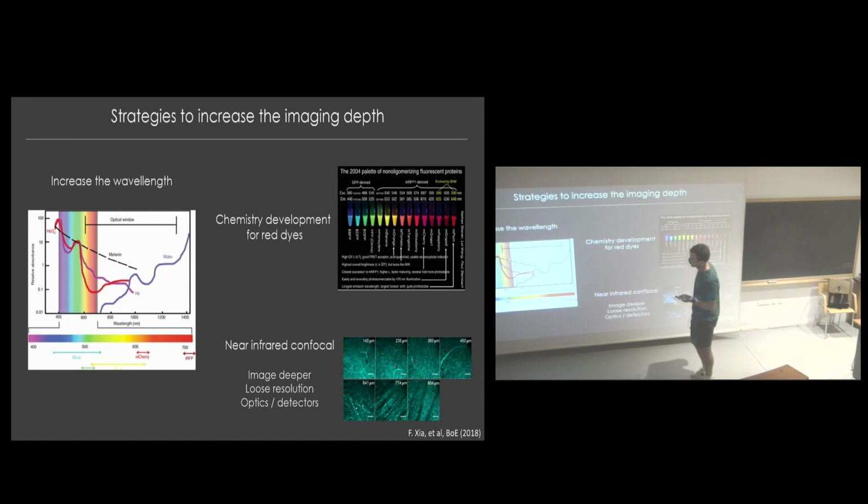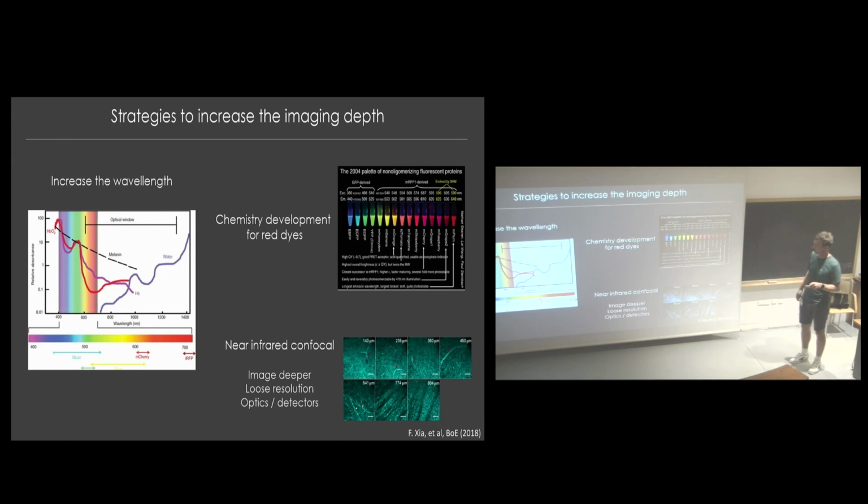And what you see is that if you go to red or near infrared, the relative absorption decreases a lot. But to do this, you need to have some dyes for the red wavelengths. So this is a big stake in chemistry to develop good dyes in this regime.